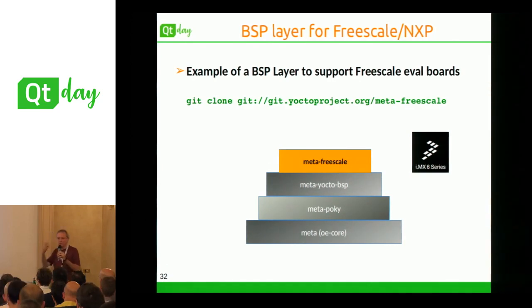If I want to use other components, like for example, Toradex, which is a third party, you have meta-freescale-3rdparty. And you find inside this layer all the components pre-configured, offering you the possibility to build the BSP out of the box.